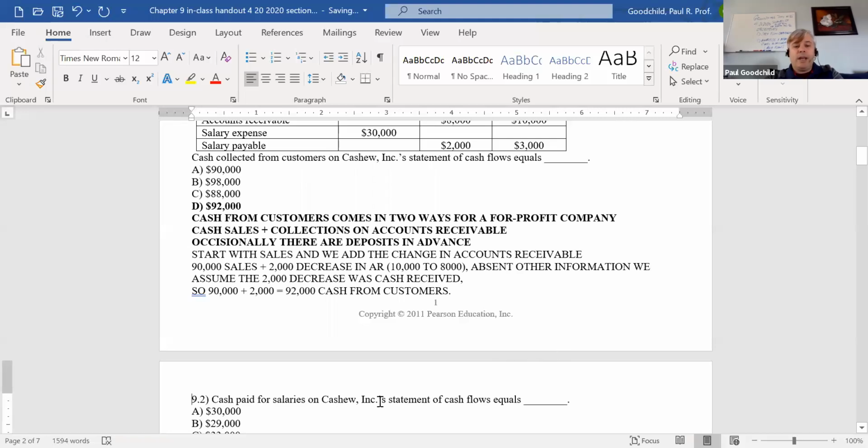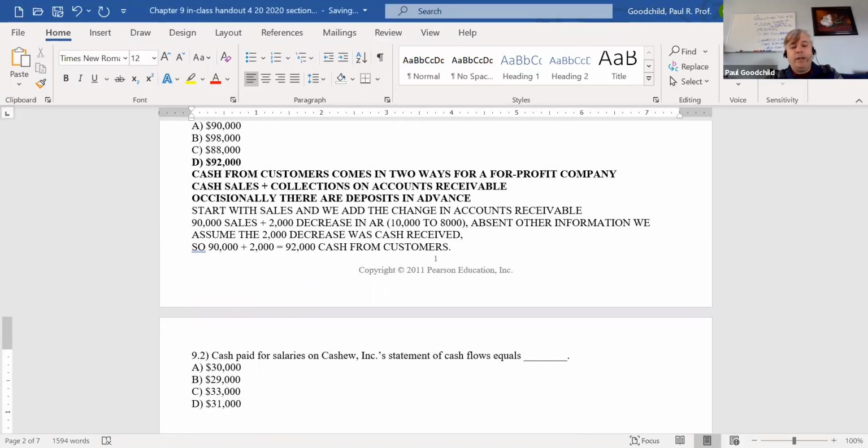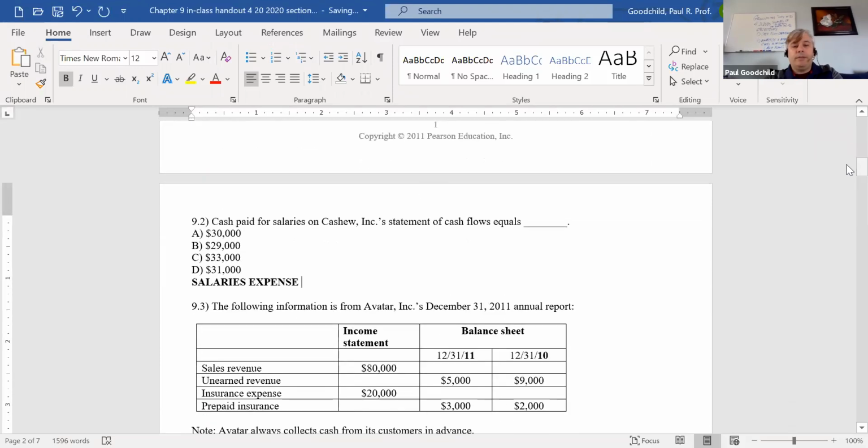Okay, now the next one says cash paid for salaries on the statement of cash flows is going to be equal to, so here we're going to do the same thing. We're going to take our salaries expense, and that's 30,000. We're going to add the change in payable.